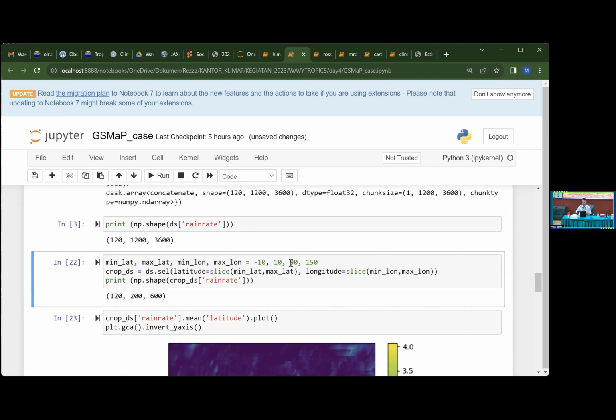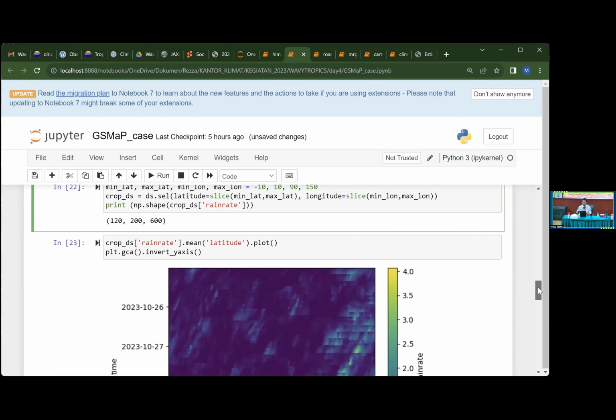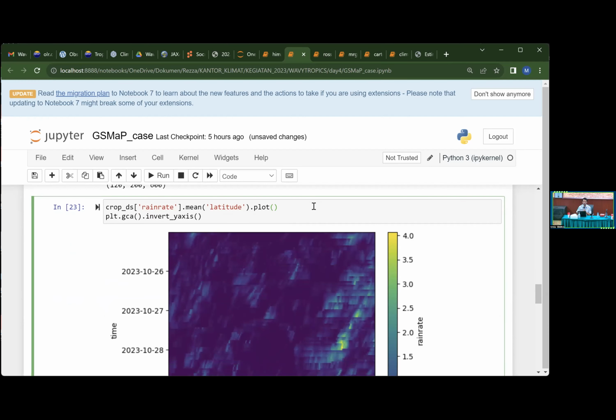GSMaP data covers the whole globe from 0 degrees to 360 degrees. So I will crop for the Maritime Continent region between 90 and 150. With this, we can crop the large global dataset into this small area, and we can just plot like this.